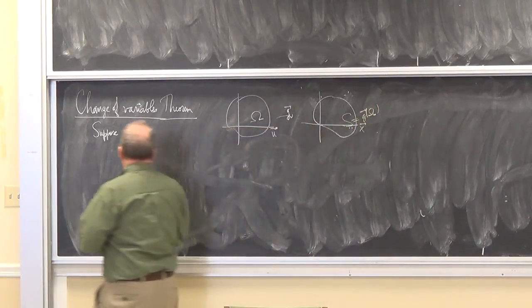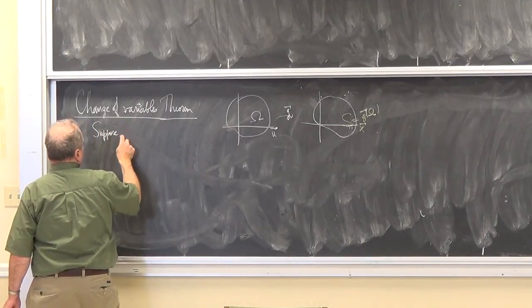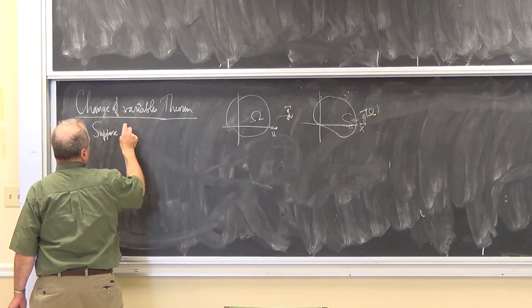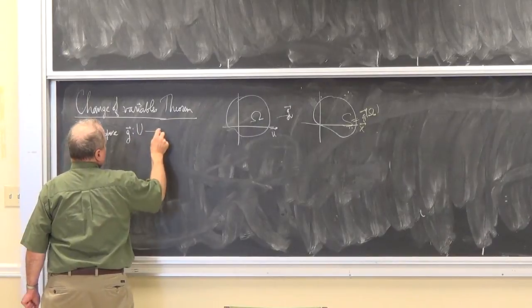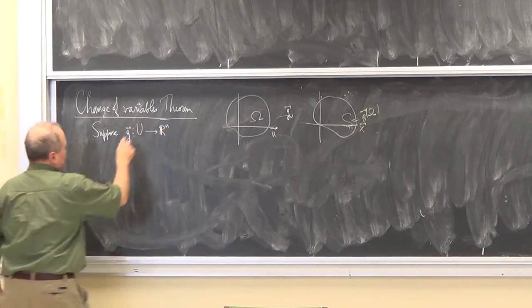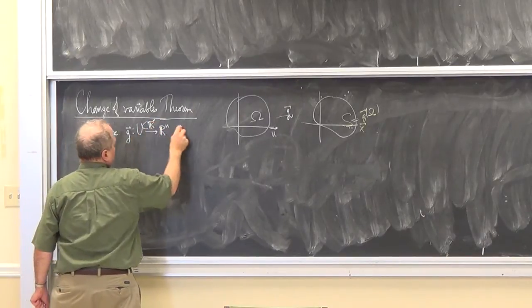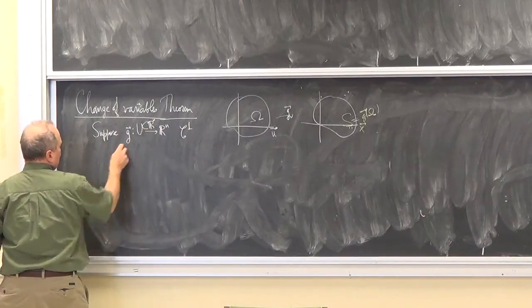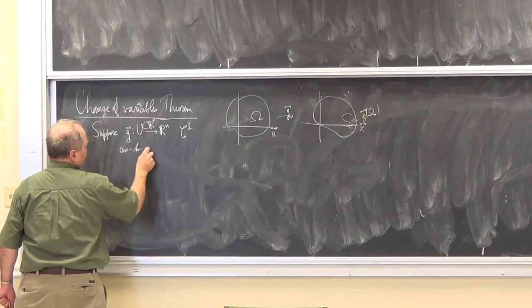And we have the supposition that g is mapping some open set in Rn, C1, and it's a one-to-one function.